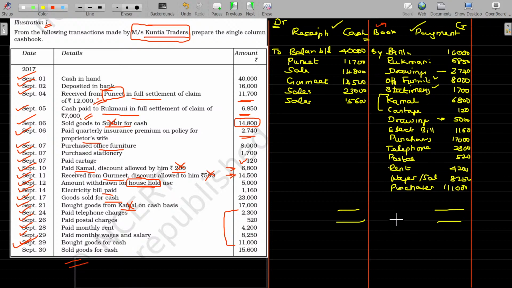In the receipt side, the total being 1,19,600, and you will get the balance. So the balance carried down here being, I hope, 27,960. Verify this and let me know. And I'll rewrite here the balance brought down, 27,960.